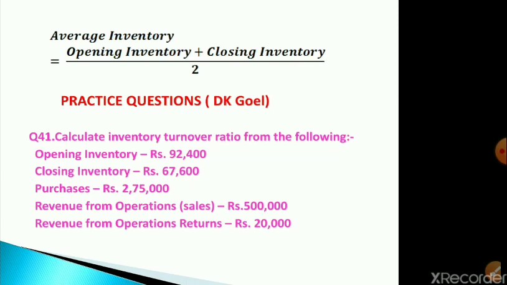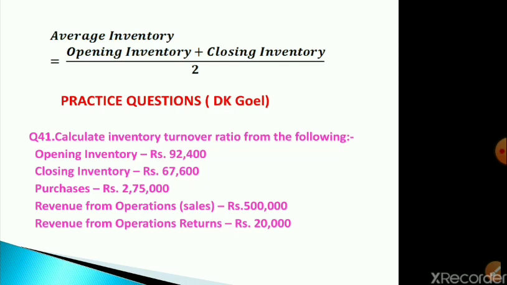A high ratio indicates that a good amount of sales is taking place in the firm, and we also know that very high or very low rates of the ratio is not good for the firm, because a very high inventory ratio will show that the firm is over trading and it might have a less amount of working capital with it, and a very low rate will show that there is inefficient use of investment.